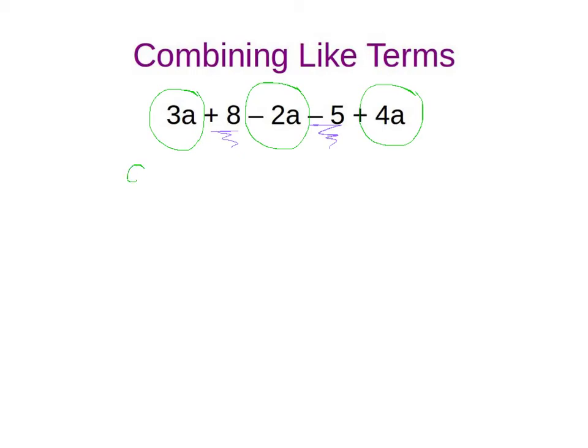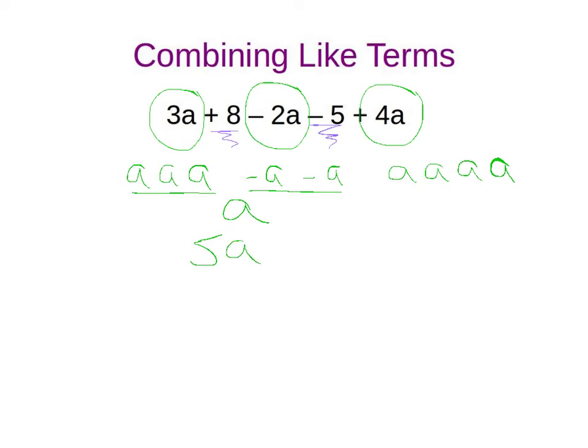If I have 3 a's and 2 negative a's, and then 4 positive a's, let's see how many a's I have. 3 a's minus 2 a's will give me just 1 a. 1 a plus 4 a's leaves me with 5 a's.